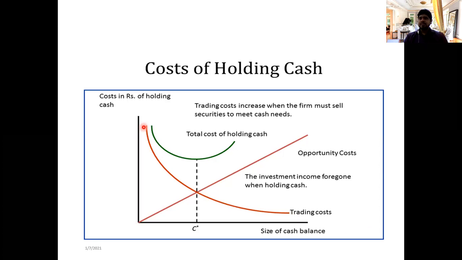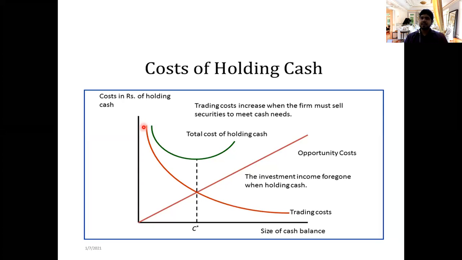But suddenly you need money, then what do we have to do? We have to convert the securities. We have to convert the treasury bill into cash. And when we convert the securities into cash, there are some costs associated with that.